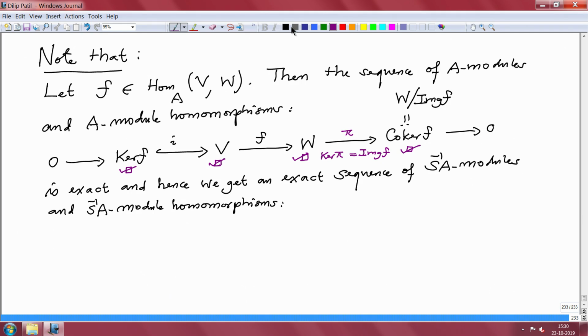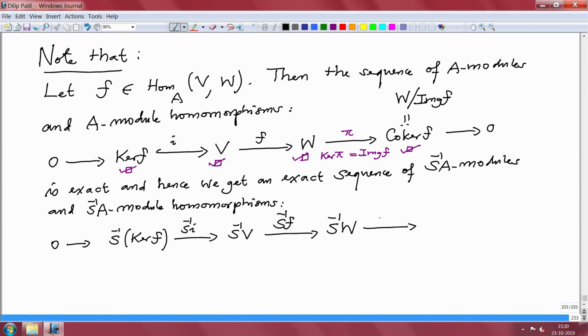Now, what is the sequence we will get? We will get a sequence when I apply S inverse to this. So, 0, S inverse of kernel of F to S inverse of V. This map is S inverse of this inclusion map. Then here the map S inverse F, this goes from S inverse V to S inverse W, and then the S inverse of pi map, to S inverse of co-kernel of F to 0.